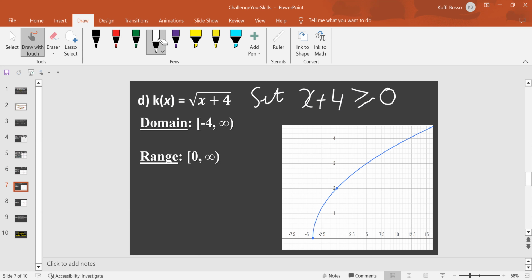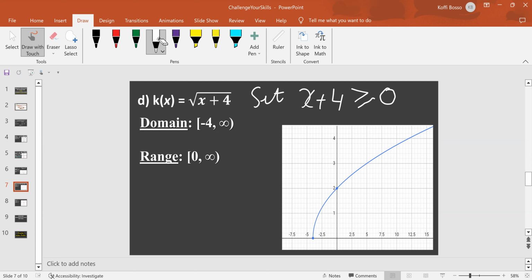So we have to make sure that for any value we plug into x, when we compute x plus 4, we don't get a negative value. But it can be 0 inside, yes, because the square root of 0 exists. And it can be a positive number because the square root of a positive number exists. But the square root of a negative number does not exist for real numbers. Therefore, we have to make sure x plus 4 is greater than or equal to 0 when we plug in x.